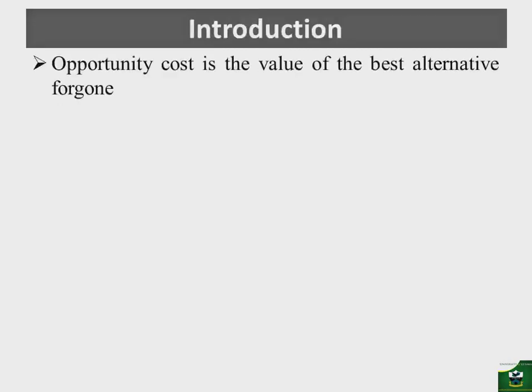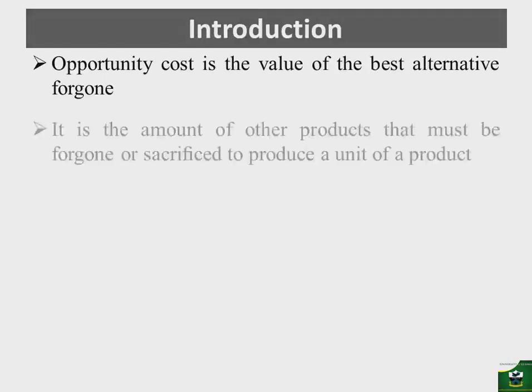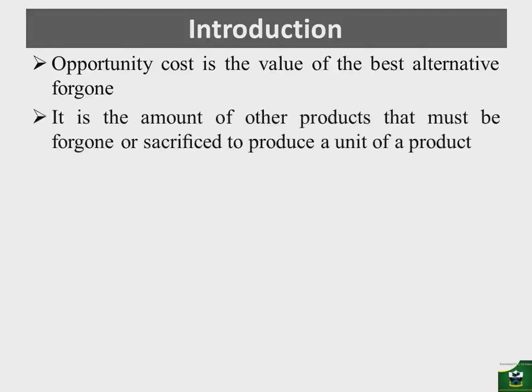the opportunity cost, which is the value of the best alternative foregone. In other words, opportunity cost is the amount of other products that must be foregone or sacrificed to produce a unit of a product.